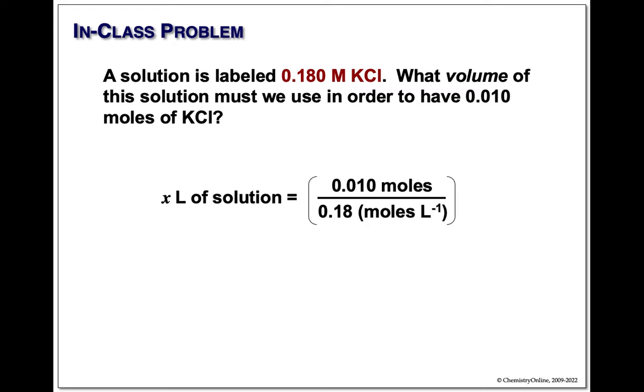Moles cancel. Per liter comes up top. 0.01 divided by 0.18. 0.056 liters. In the lab, we typically measure in milliliters. So we would take our stock solution, pull out 56 mils, and we would have 0.01 moles. Kind of a real lab problem.